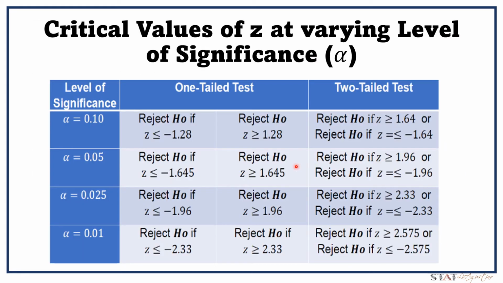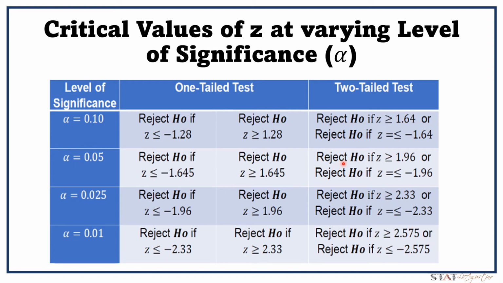Okay, for example, these are the critical values of Z at varying levels of significance alpha. So if you have a two-tailed test with 5% error or 5% level of significance, this is your default decision rule.